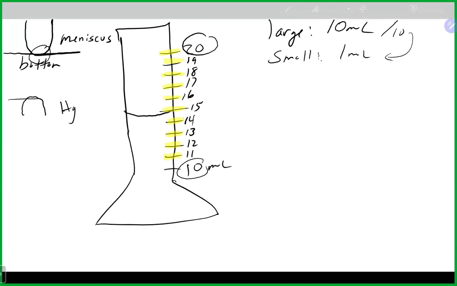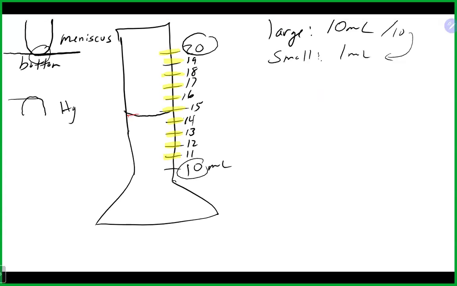And if I draw my line where my meniscus is, a very bad straight line-ish, we'll estimate it there. We can now take the proper reading. Looking at the not-so-straight red line, we can see it is at least 14, so we would want to record 14 in this case.